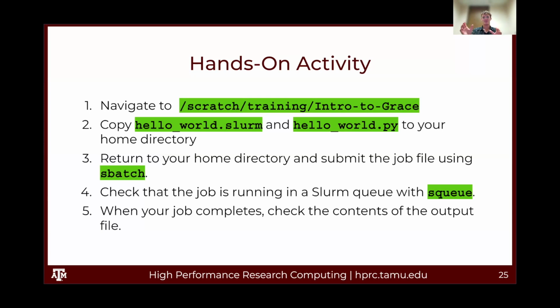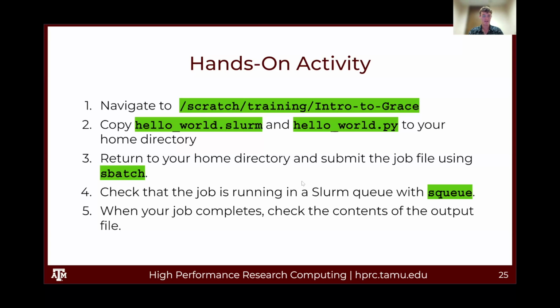You're going to type sbatch hello world.slurm. In this case, the job file is a .slurm file. Then it's going to submit, and you can check on it using squeue. When it's done, you can check the output. If y'all are not able to do it, you can just watch me and follow along.